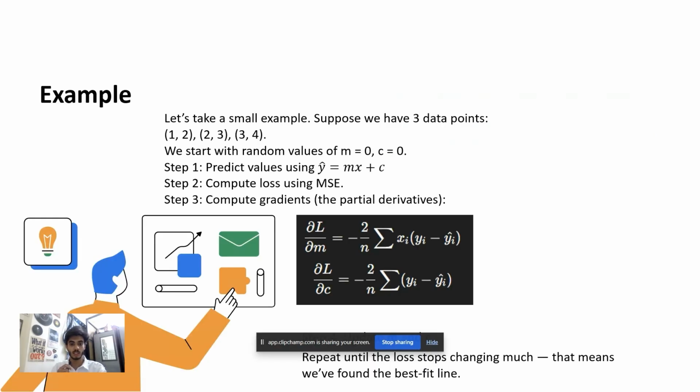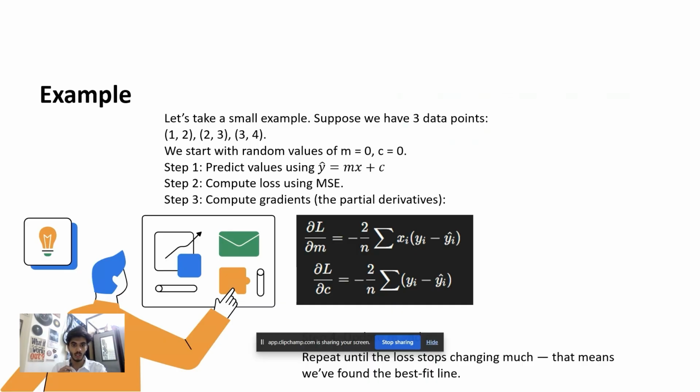Now we will understand the concept using an example. Let's take a small example. Suppose we have three data points, (1, 2), (2, 3), and (3, 4). We start with random values of m equal to 0 and c equal to 0. Step 1 will be predict values using y cap equal to mx plus c.